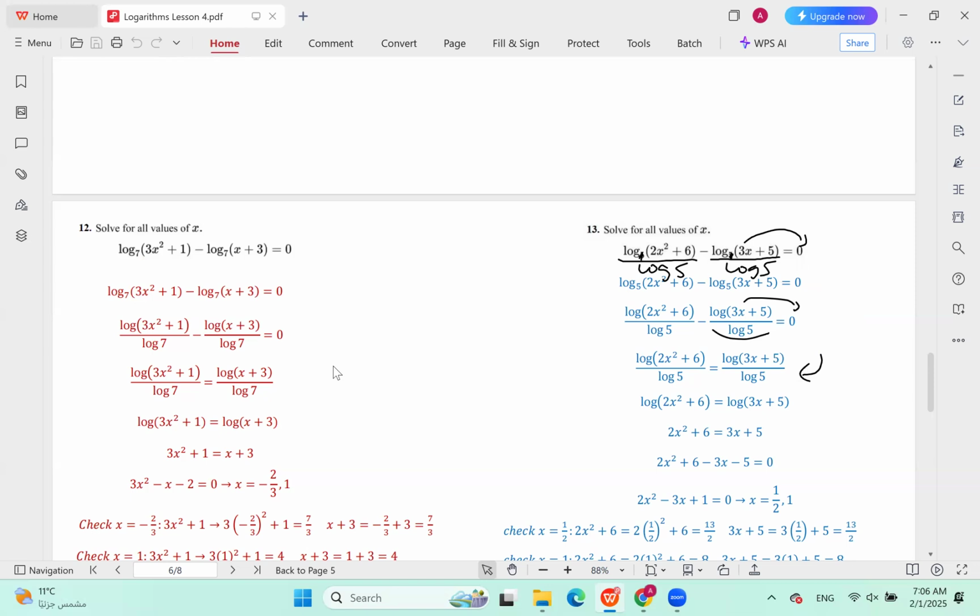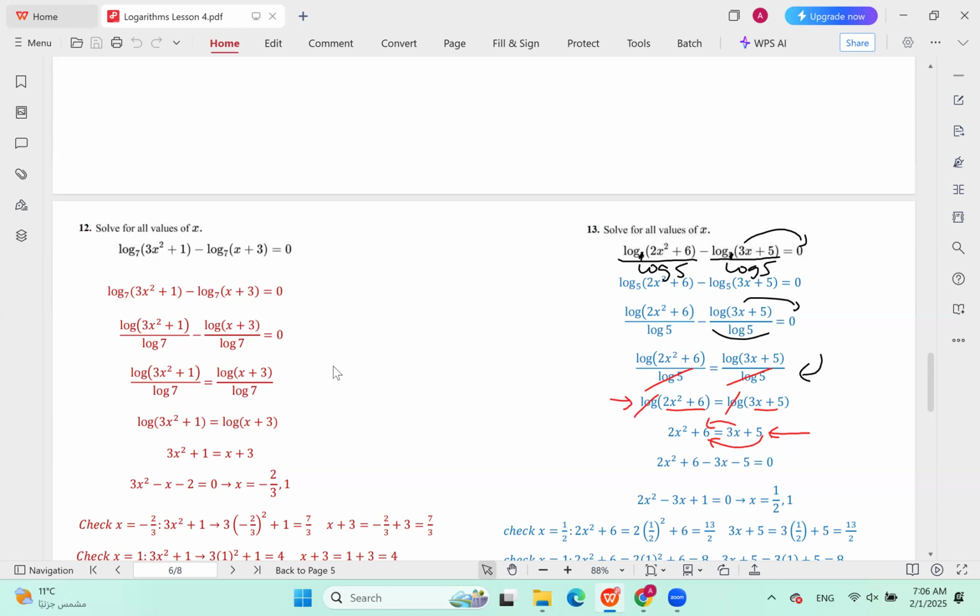I believe this part is fairly simple. Once we reach this equation here, we know that we have the same denominator, so it can cancel out. And we get this equation, and then we can cancel the logs out as well. So we end up with this equation right there. It's just the same thing without the logs. Now that we have this equation here, we can just take these to the left-hand side.